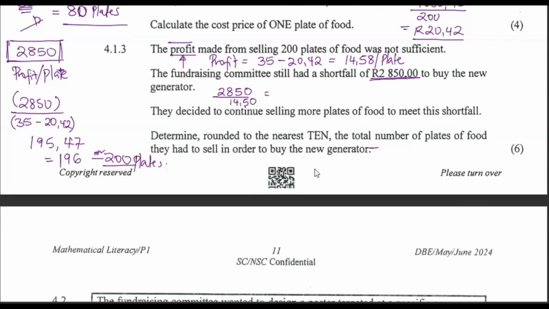And we ended up having the answer as 195, but they have told us to round off to the nearest 10. The nearest 10 is 200. So we end up having approximately 200 plates.